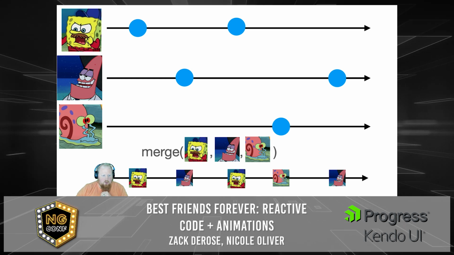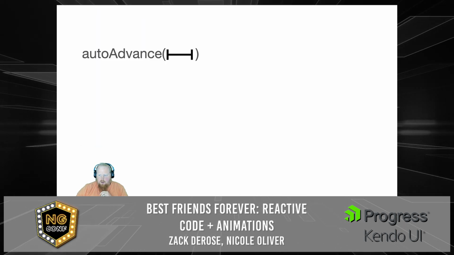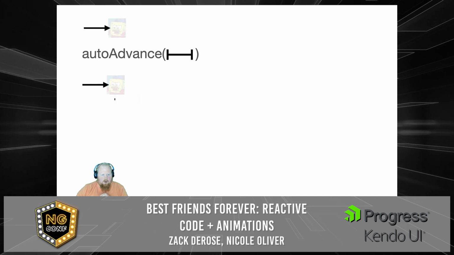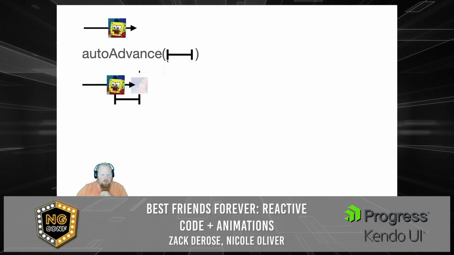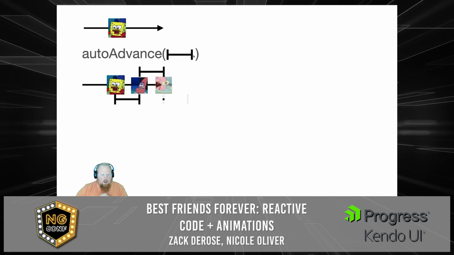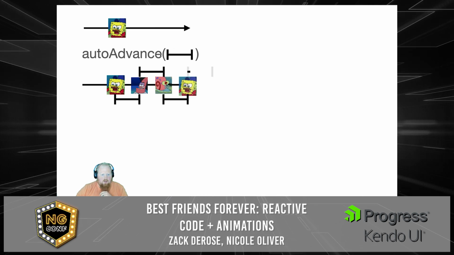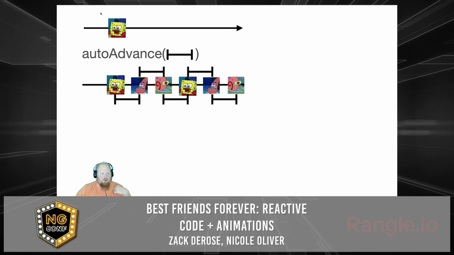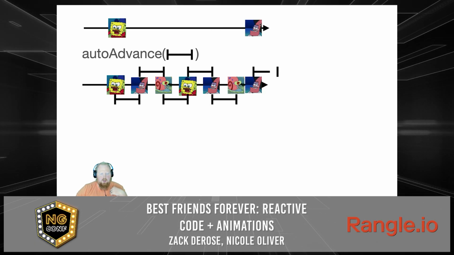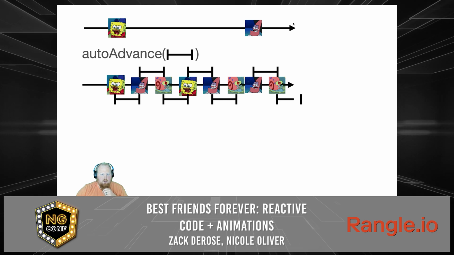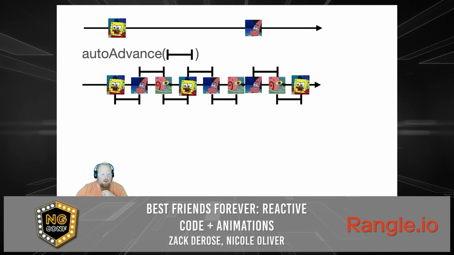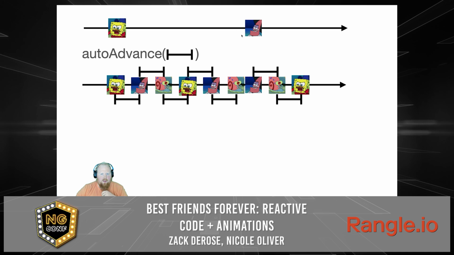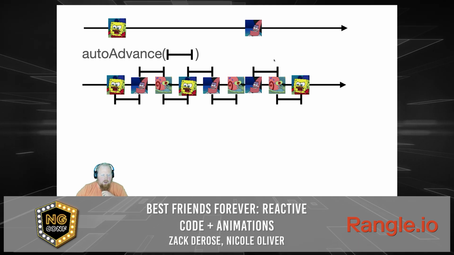But since we also want to advance our carousel automatically based on a given duration, we'll want to create this auto advance operator to take us from what we have, the result of that previous merge where Nicole clicks on SpongeBob initially, and then somewhere down the line we click on Patrick.